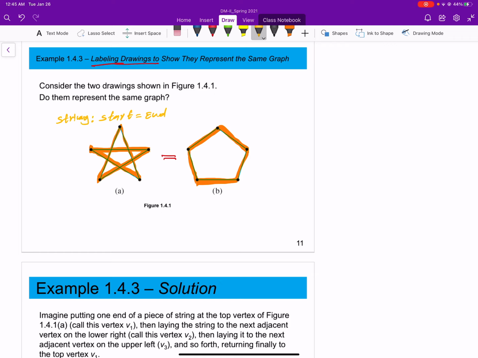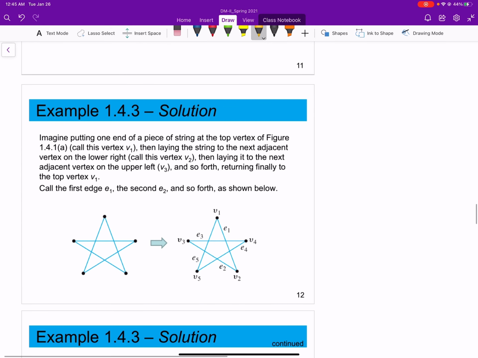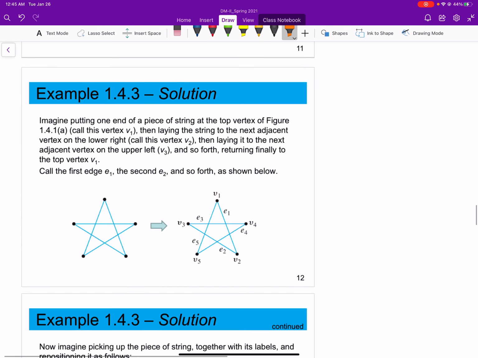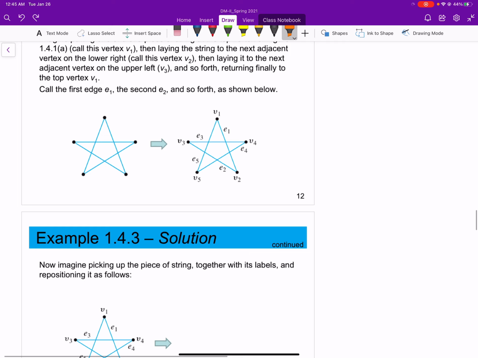String start equals end. So that is right here. Why did I mark that? Why did I change this start and end? Because you might be confused. The diagram below is a little bit different from what I have drawn here. To avoid that confusion, I just changed this start and end. All right, so go to this. The same thing that we have done previously.